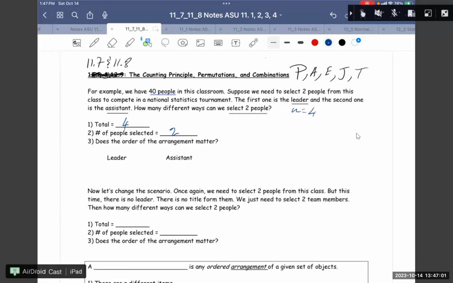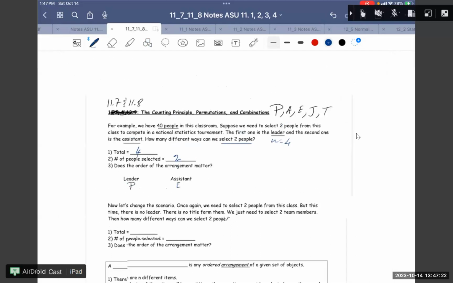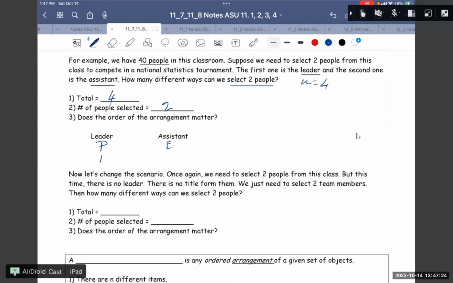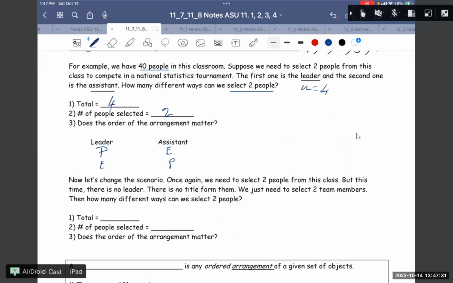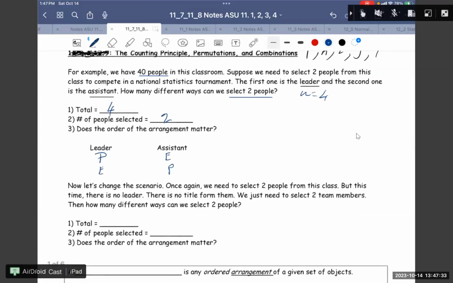Number three, does the order matter, does the arrangement matter or not? So for example, I pick the leader first, I pick Pamela, and then Erica for assistant, or I can switch to Aaron and Pamela. So this one is yes, right?